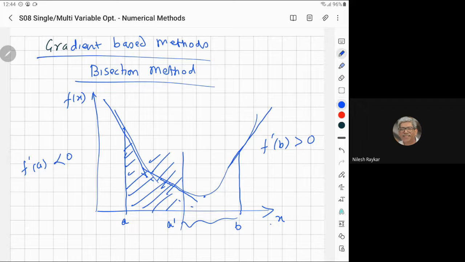You take a new midpoint, and at the new midpoint, you find the slope is positive. So in this case, the right side you will be chopping off. So we will chop off this, and you will get this region. This is the way you will do the computation, and your search region will keep on shrinking, and finally you will reach the minima point.